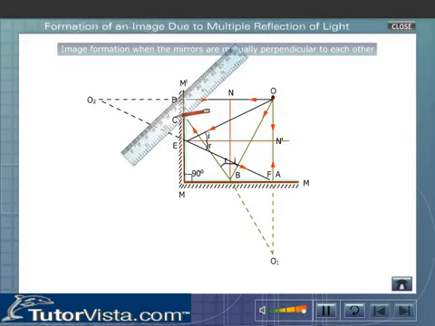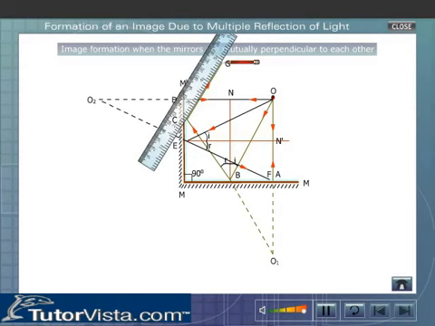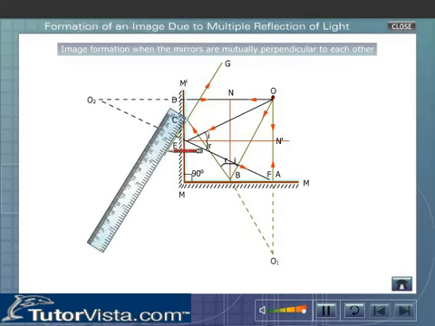The reflected ray BC gets reflected internally by the mirror MM' along CG. The ray CG appears to come from O3, which is the image of O1.